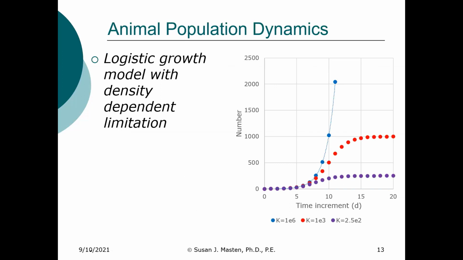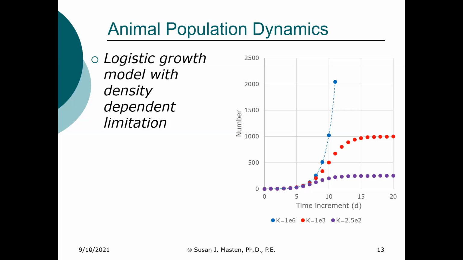Now, we can also have a logistic model with a density-dependent limitation. Essentially, what we've done here is we're using the exponential model, but we've talked about a carrying capacity, okay? There's some limit to growth.